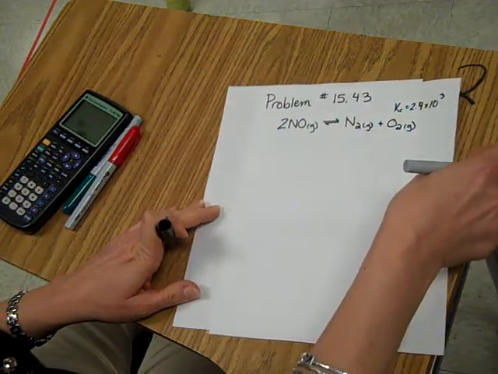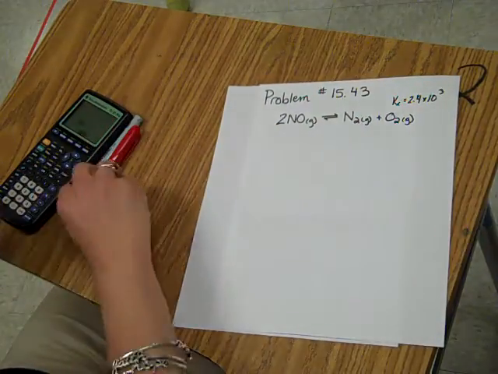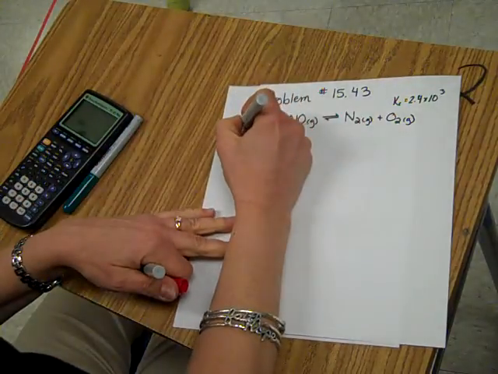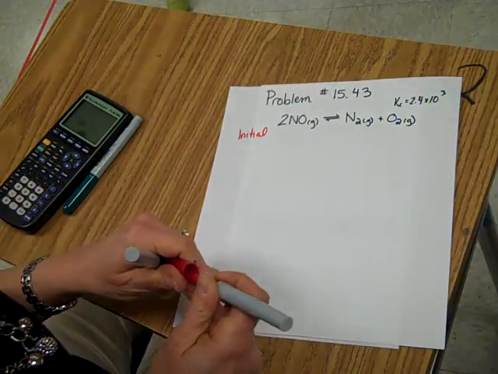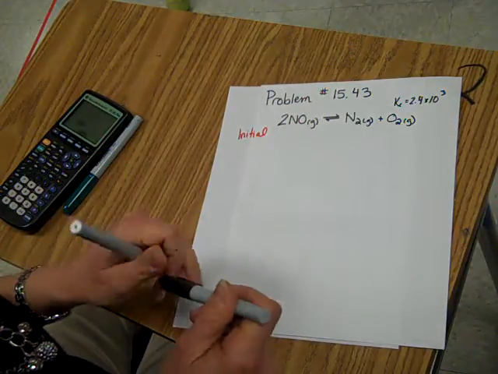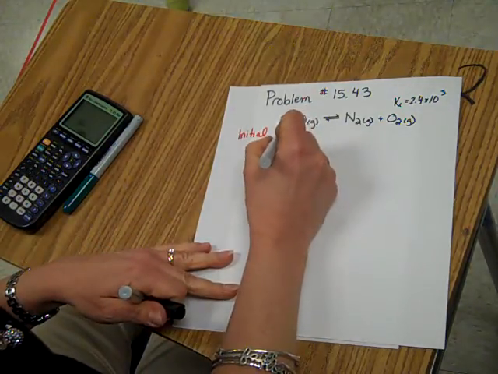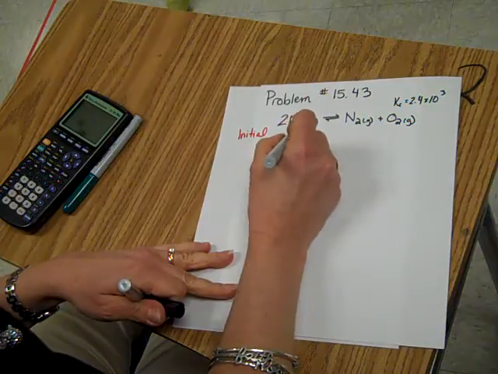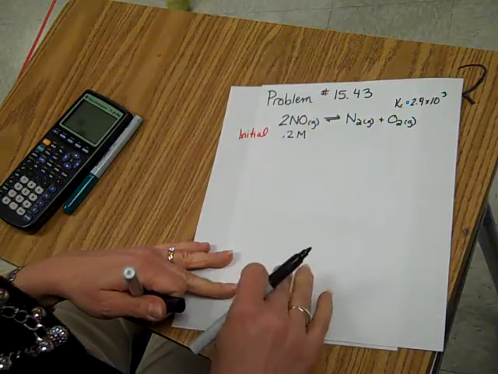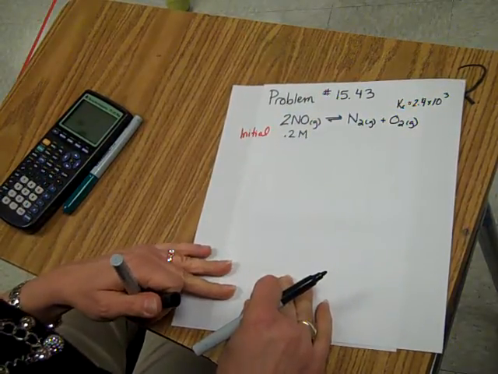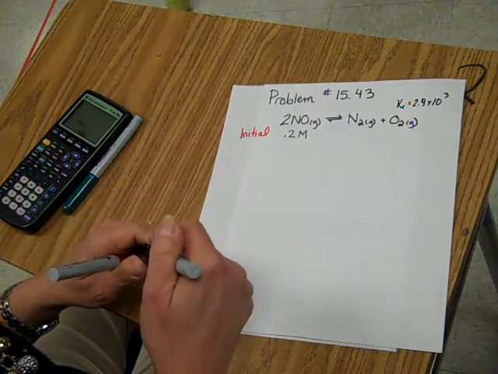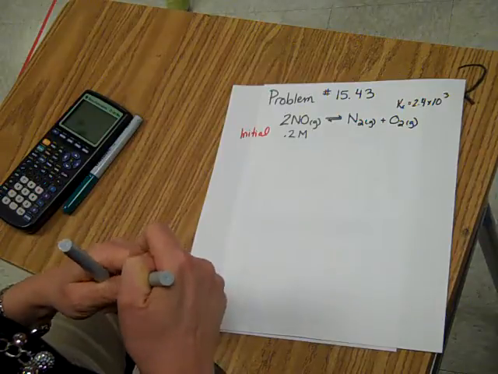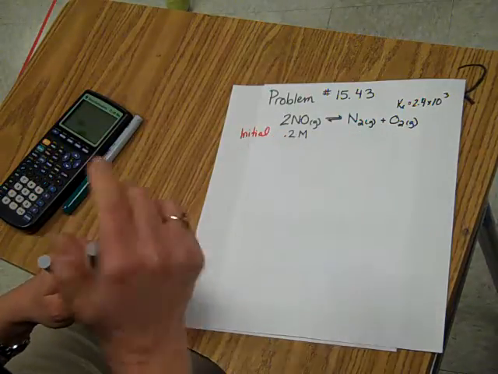We're also told that the initial concentration of the NO is 0.20 molar, and we're not told anything else. We're asked what are the equilibrium concentrations of all three chemicals.